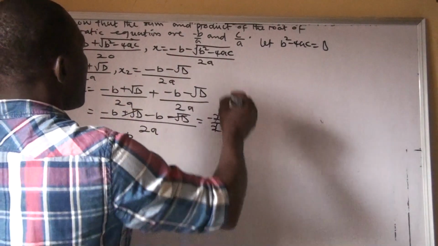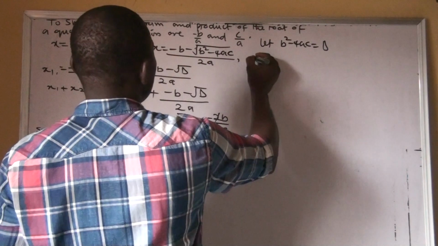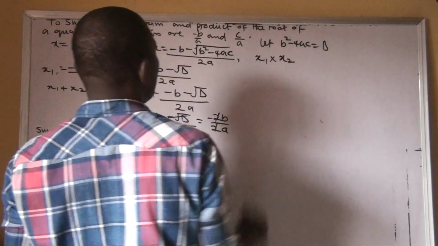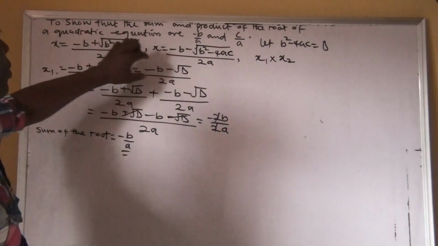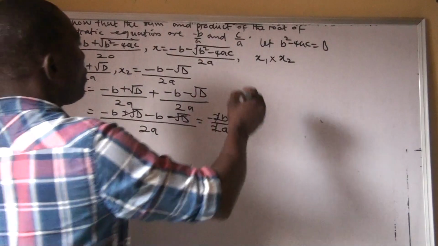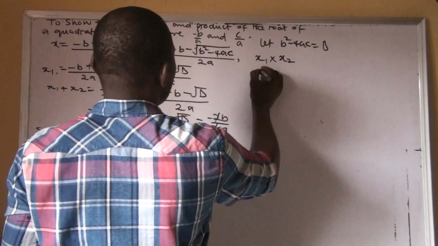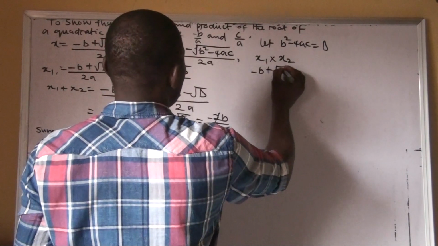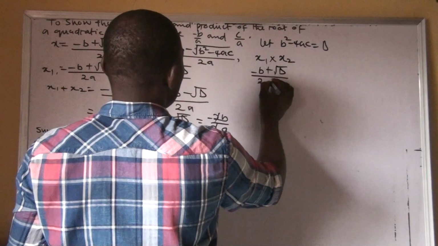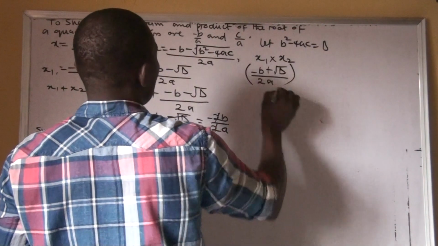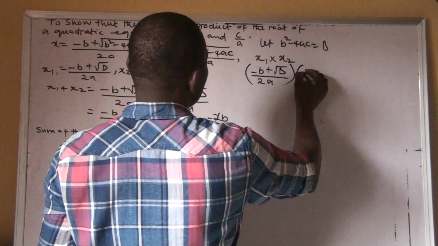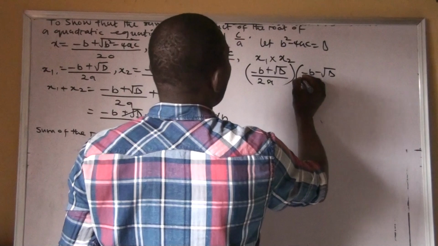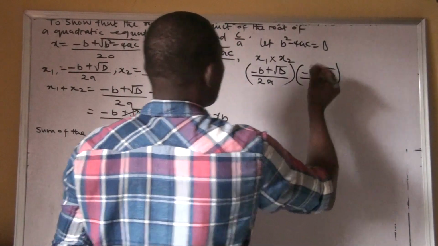Okay, that is for the sum of the roots. Now the other side, we are looking at the product. When we say product, it means we are saying x1 times x2, so this root will multiply the other one. If we do that, the first root is minus b plus root d all over 2a, close the bracket, then open bracket, we have minus b minus root d all over 2a, we close our brackets.